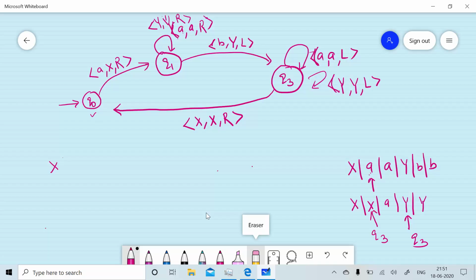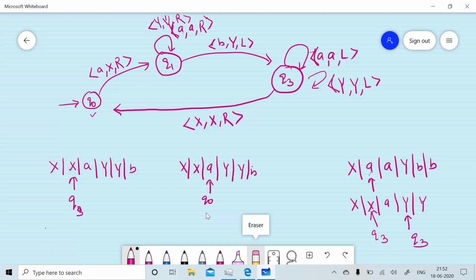So on our input tape, X, X, we are in Q0 state. A, Y, Y, B. We are in Q3 state. We will read X and we will move to Q0 state. So X, X, A, Q0, Y, Y, B. We will read A, replace it by X, and move to state Q1.